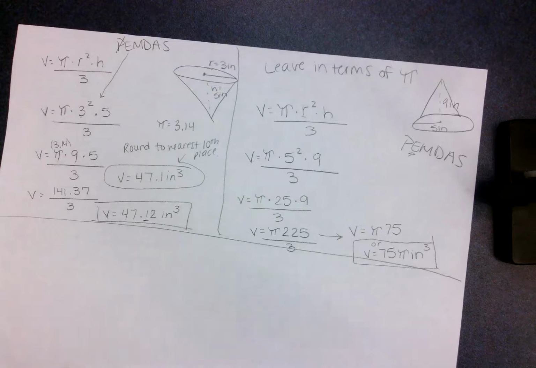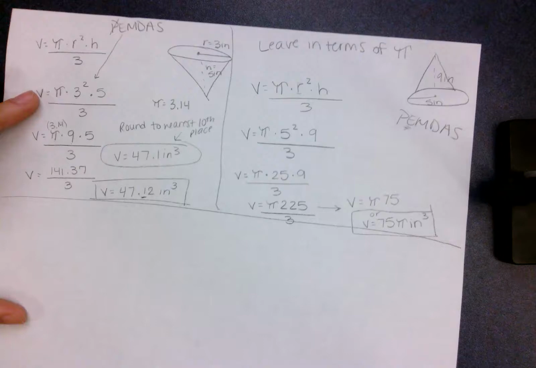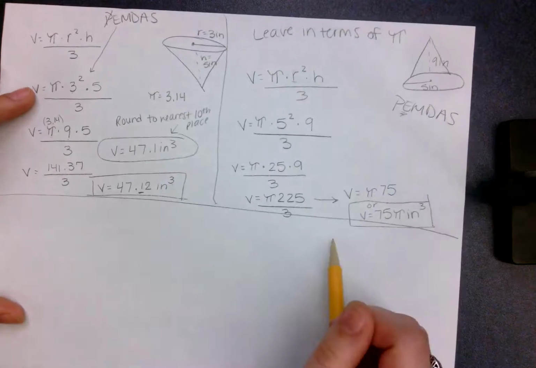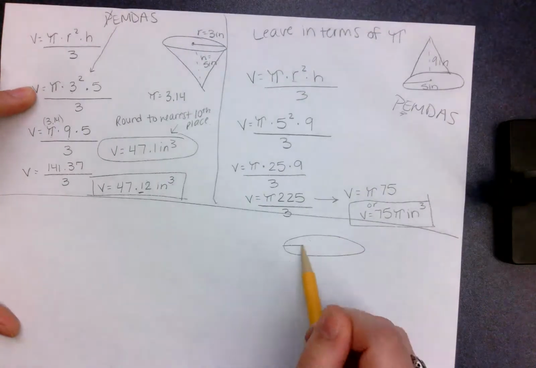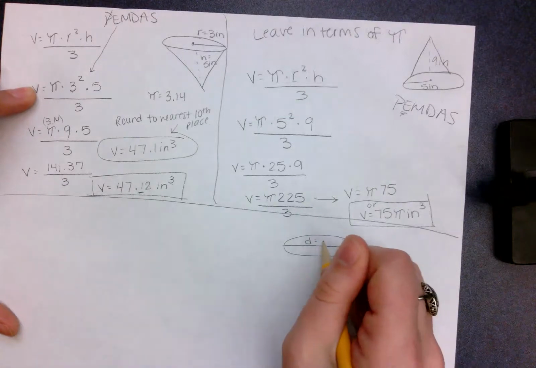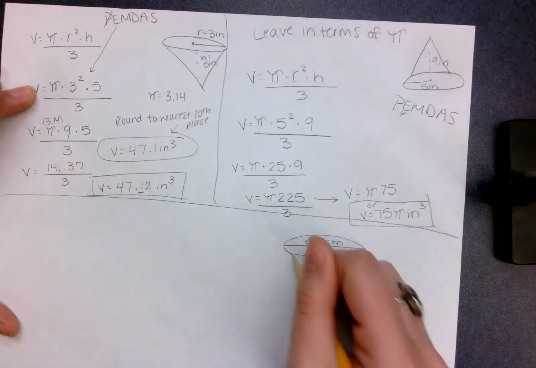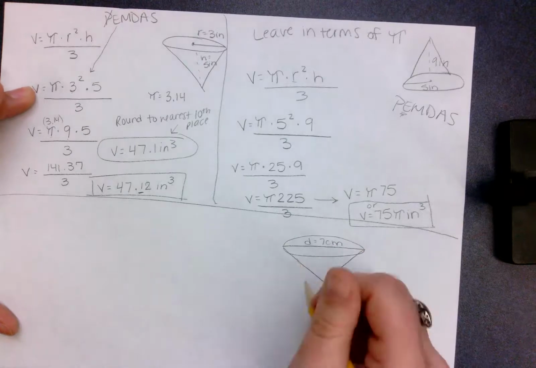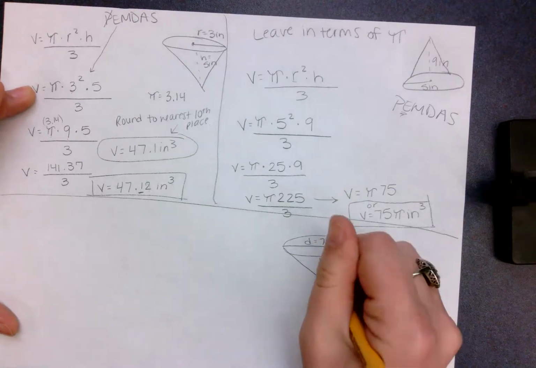Okay? And the last example that we're going to go over is calculating the volume of a cone. If they give you the diameter, they don't give you the radius. Let's say your height.